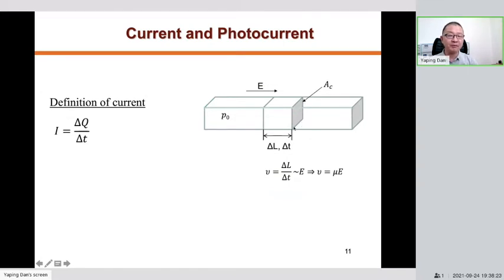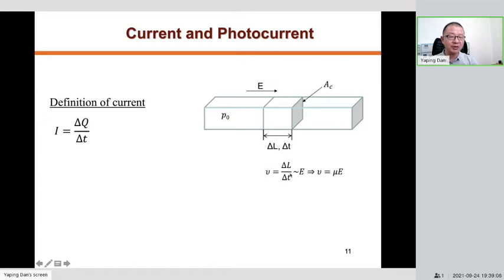How many charges pass through this surface in a given time delta t? Suppose all the electrons and holes, when an electric field is applied, propagate at a speed equal to delta L divided by delta t. So in a given delta t, they are transported a distance of delta L.